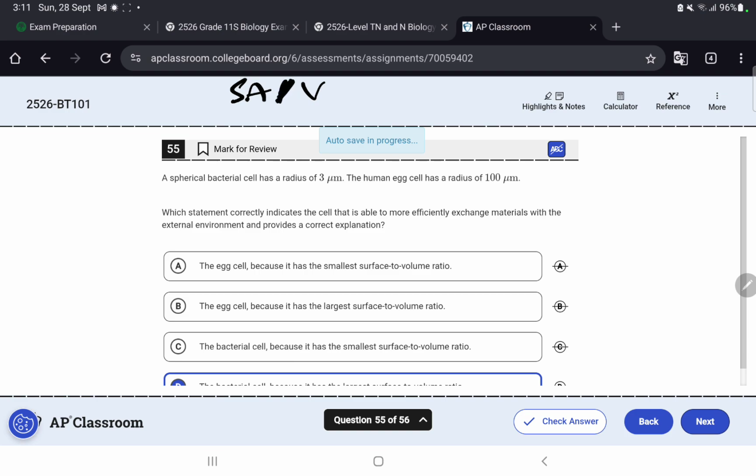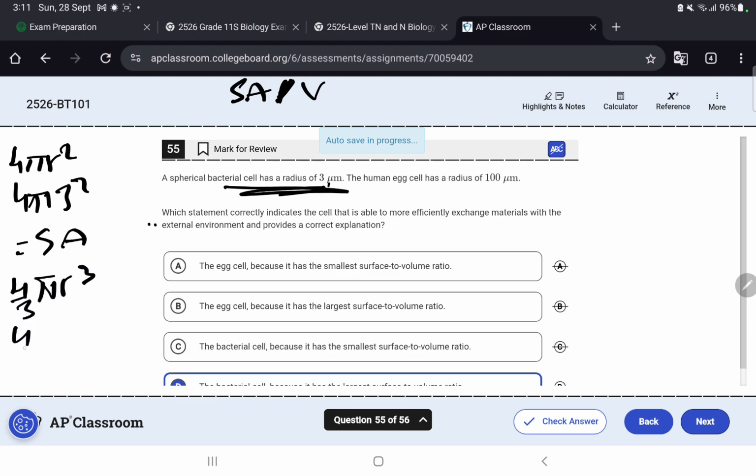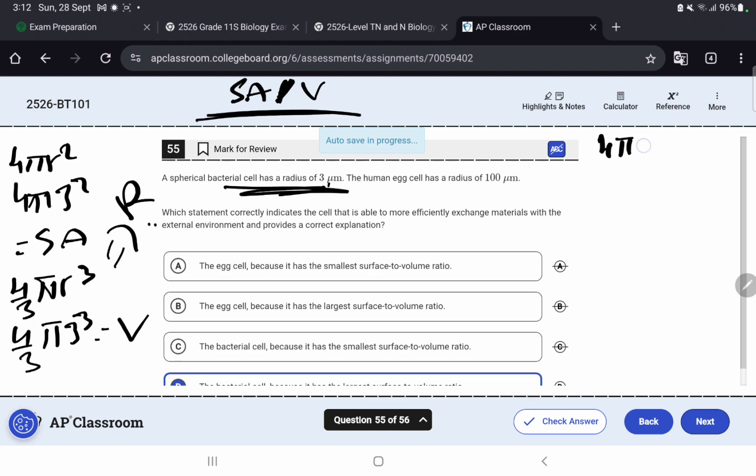Now, here 4 pi r squared for the bacterial cell, r is 3, so 4 pi 3 squared, you get the surface area. 4 over 3 pi r cubed, 4 over 3 pi 3 cubed, you get volume. You do surface area over volume and you get the ratio. Okay, same thing here, 4 pi r squared, 4 pi 100 squared for the human egg cell, you get surface area.